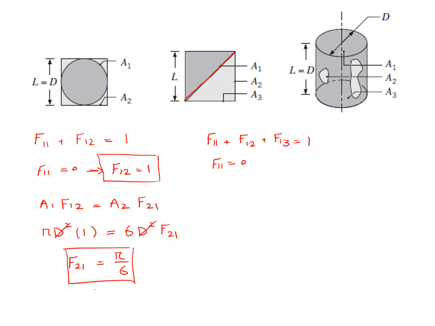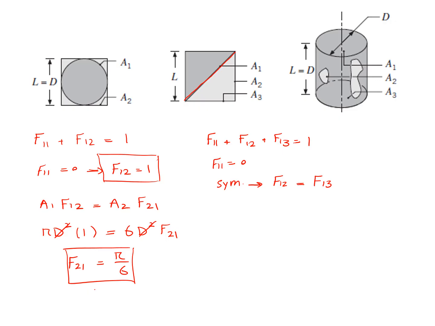I also know that there's some symmetry. 2 and 3 are facing 1 exactly the same way. So I can say based on symmetry that f12 is equal to f13, because they look exactly the same when we're looking at them from 1.